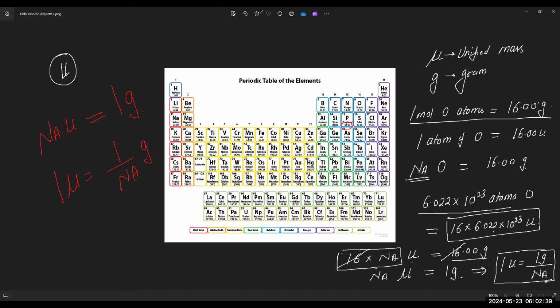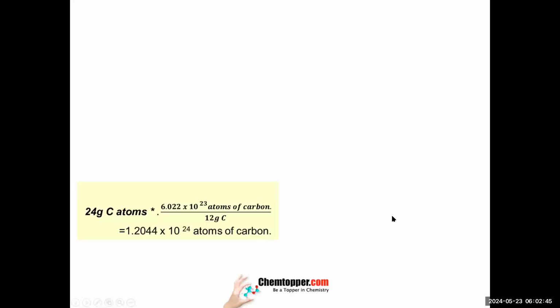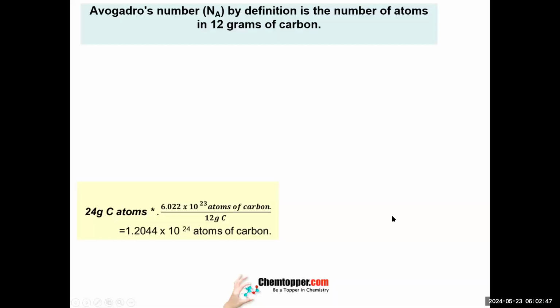Okay, now we are going back to the presentation. So we have understood the meaning of Avogadro's number, which is a defined number. Avogadro's number is defined based on the carbon element.